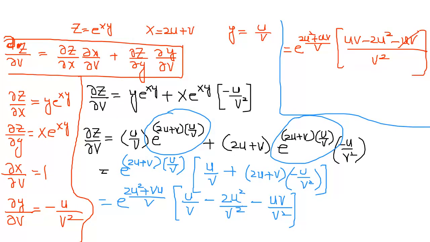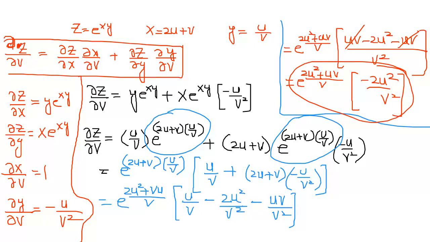This uv and this uv cancel, so it is equal to e power (2u square plus uv) divided by v into minus 2u square divided by v square. Okay, this is just a simplification; you can simplify according to that. So this is the partial derivative with respect to v.